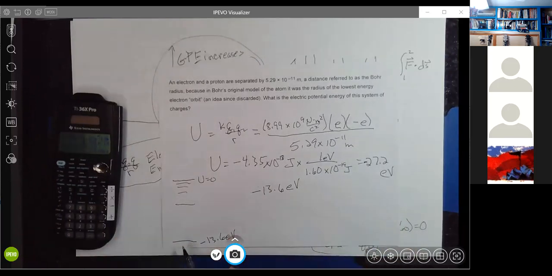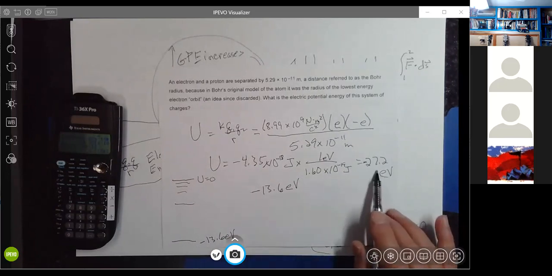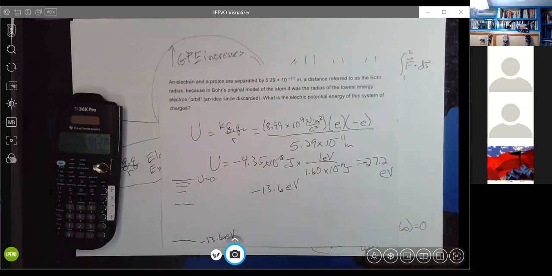Turns out this would be the potential energy of the electron in that atom, but part of its energy is kinetic energy. And so the combination of the kinetic energy and this negative electric potential energy gives it a combined energy of minus 13.6 electron volts.